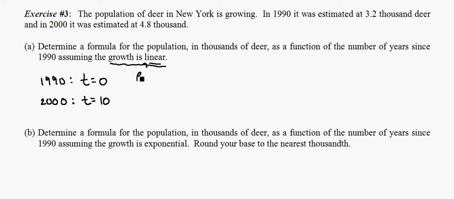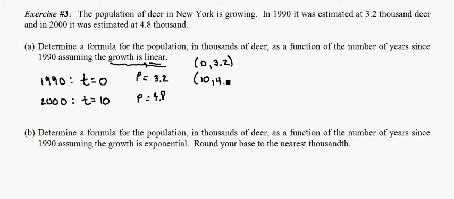But here's what we have. We know that the population at t equals 0 is 3.2 thousand, and the population at 10 is 4.8. So throughout this entire problem, whether we're talking about linear or exponential, keep in mind that what we really have are 2 points that lie on these functions.